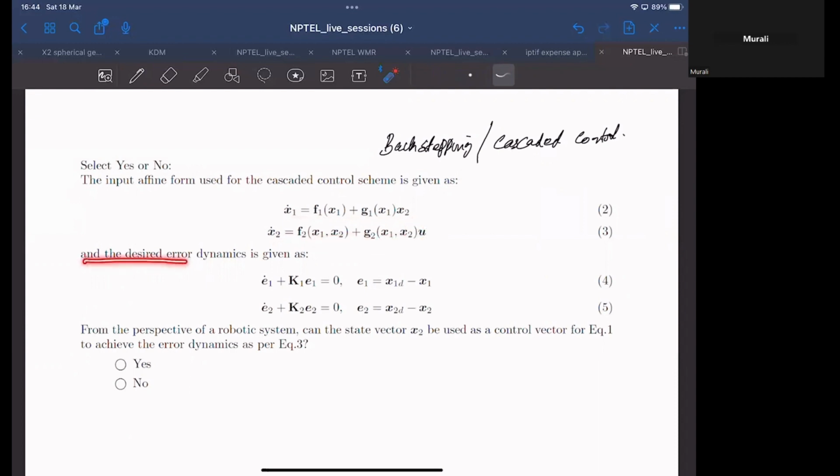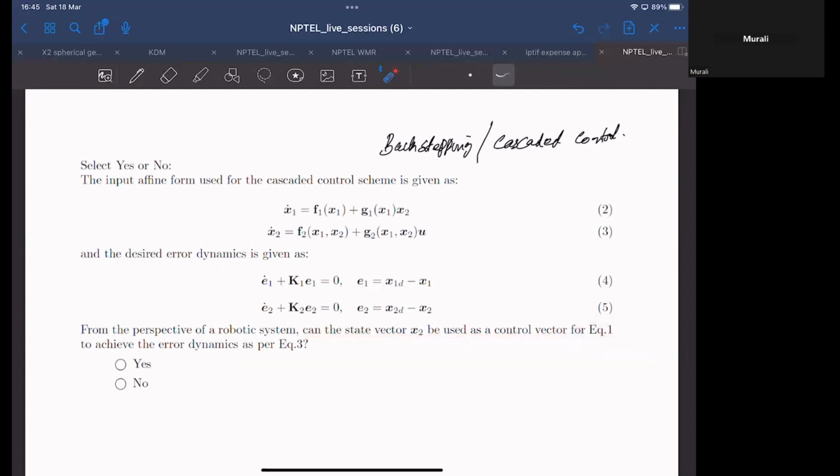And the desired error dynamics is given as E1 dot plus K1 E1 is 0, where E1 is x1 desired minus x1. And E2 dot plus K2 E2 equal to 0, where E2 is difference between x2 desired and x2. The question says, from the perspective of a robotic system, can the state vector x2 be used as a control vector for equation 1?